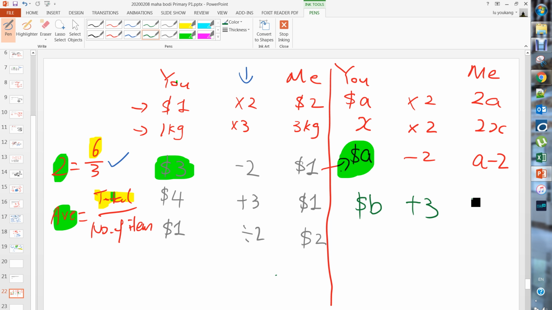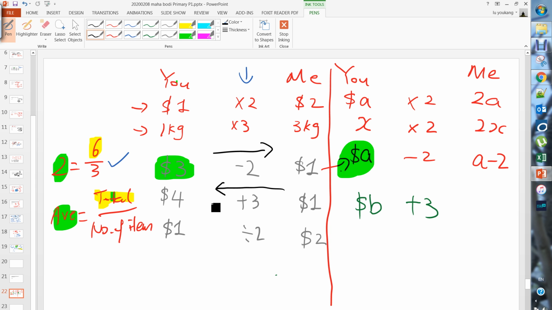So you have $4, I have $3. Okay, let me do it again. This one is this way, but this one is this way, because I have $1. You have $3 more than me. That's why you get $4. How do you get 4? 1 plus 3. Very good.